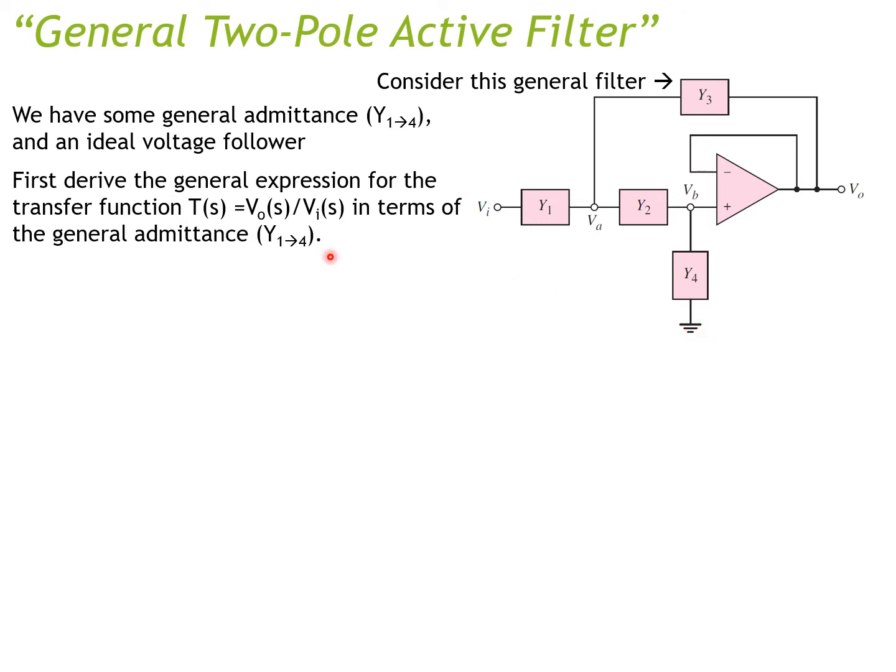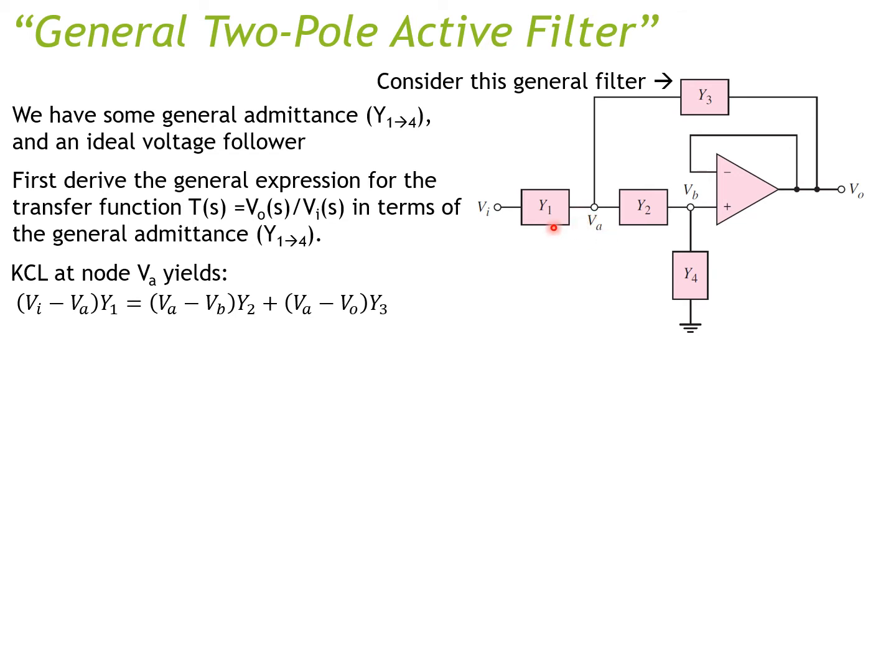First, we need to derive the general expression for the transfer function T(s), which is equal to output over input, in terms of the general admittances Y1 to Y4. So first, let's consider the node VA using Kirchhoff's current law.